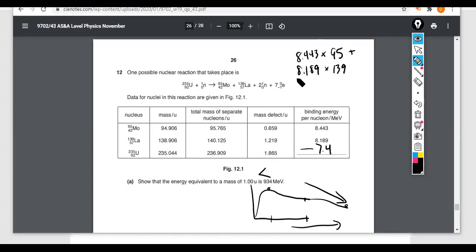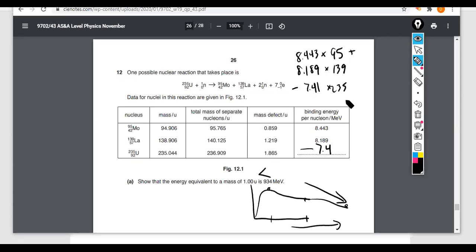That would give us the total energy on this side, minus the 7.41 times 235. So this should be the energy released, or maybe we have to switch that around and subtract those away from that. Let's see which one's bigger.